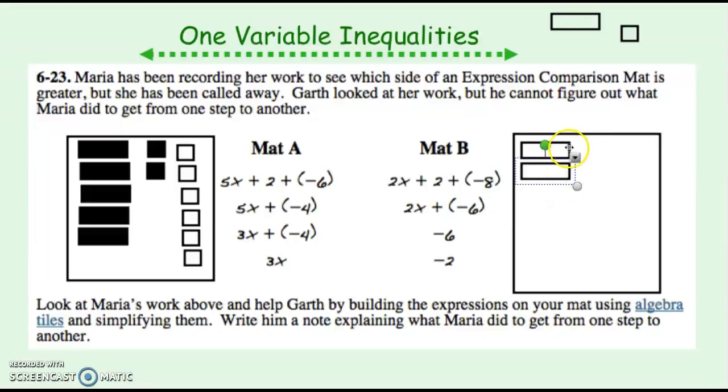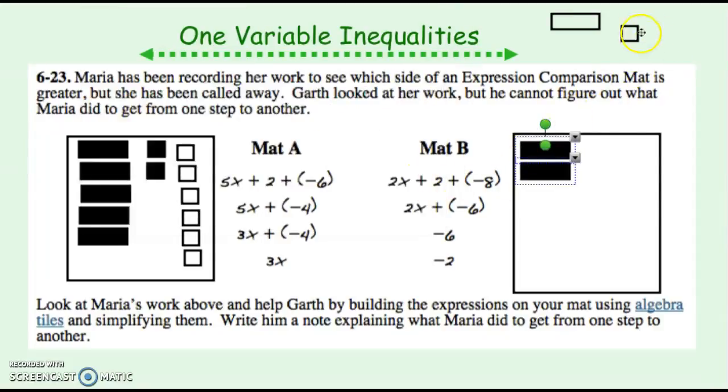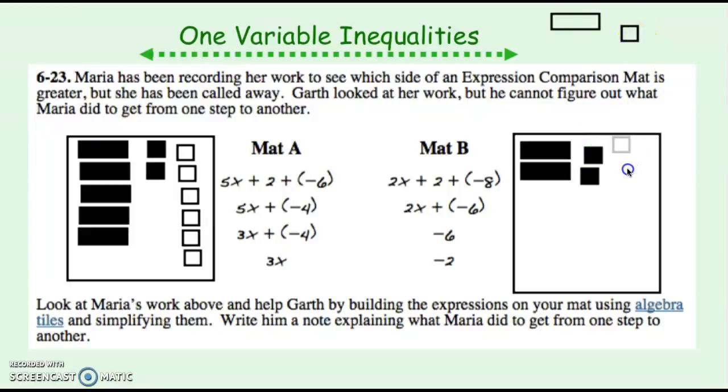I'm going to shade those. And then I have positive 2. And then I have negative 8. Oh, that's not what I want to do.